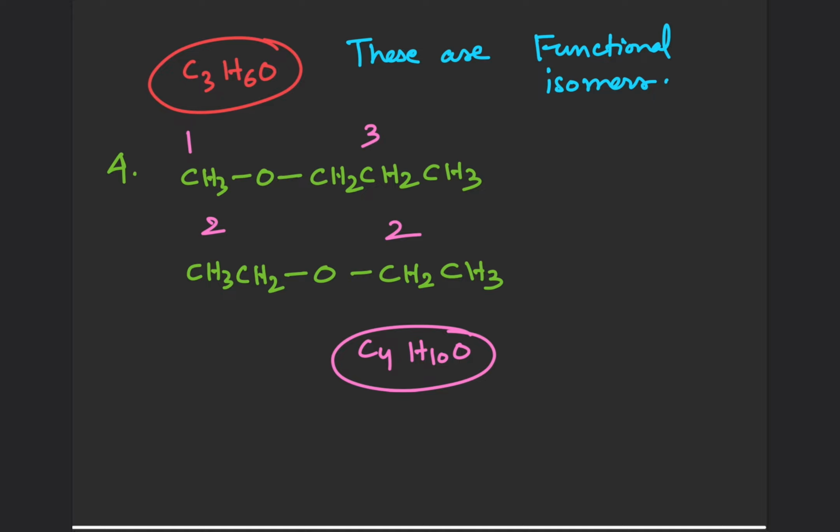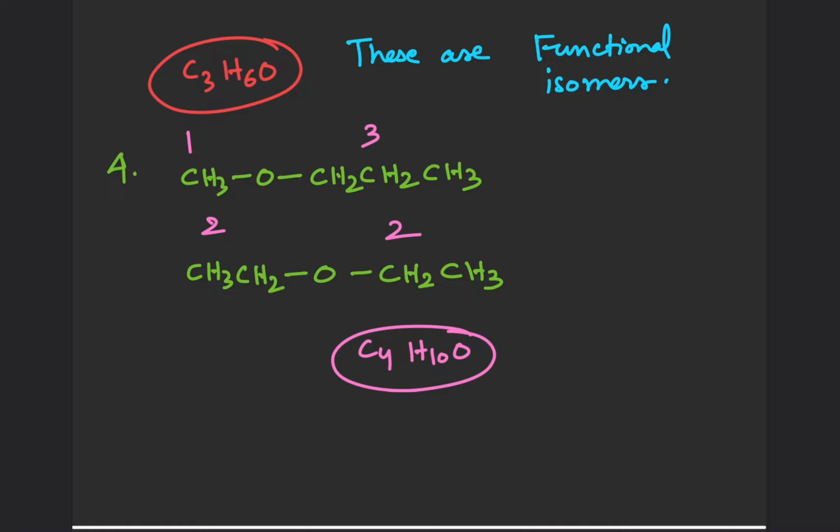So 2 and 2. Or you can say the divalent oxygen has different alkyl groups. Here we have CH3 on the left and CH2, CH2, CH3, propyl, on the right. In the second case, we have ethyl on both sides.